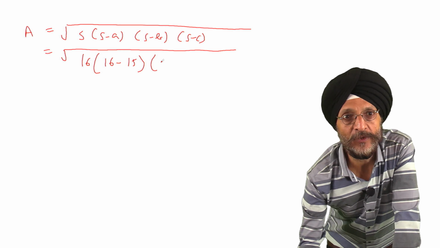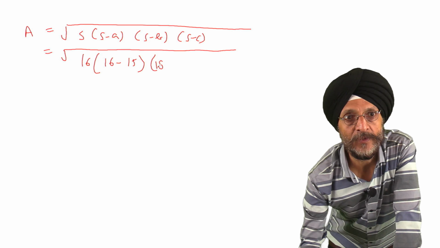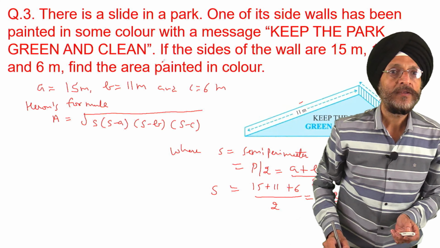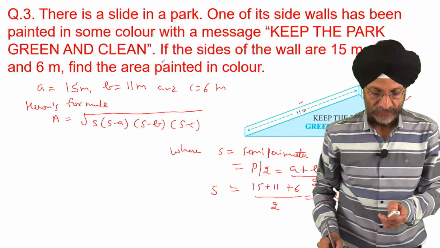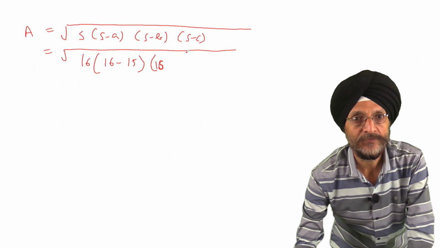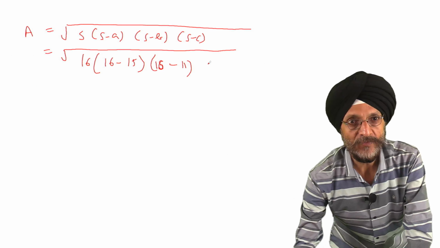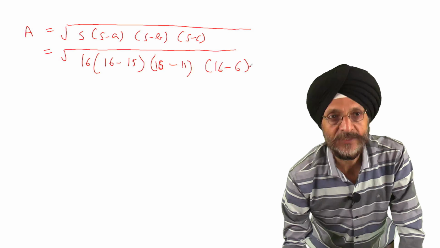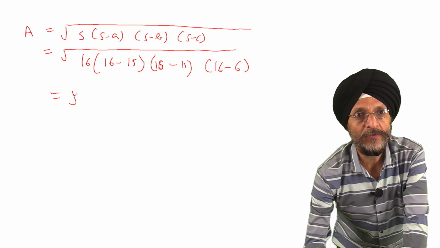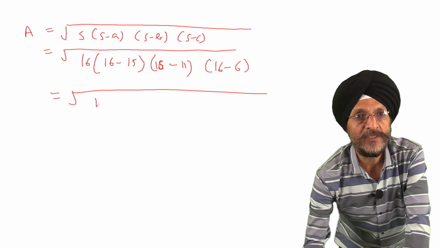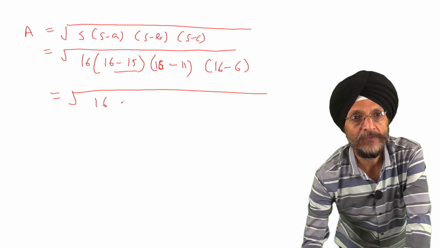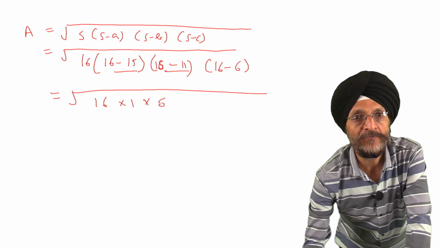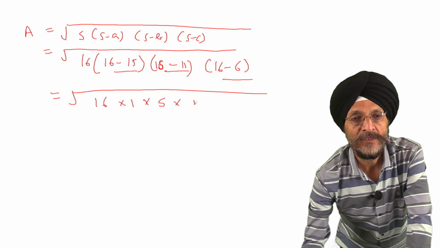What is the value of B? Value of B is 11. Now what is the value of C? It is 6. So now we will solve it. 16. This will become 1. This is 5. This is 10.